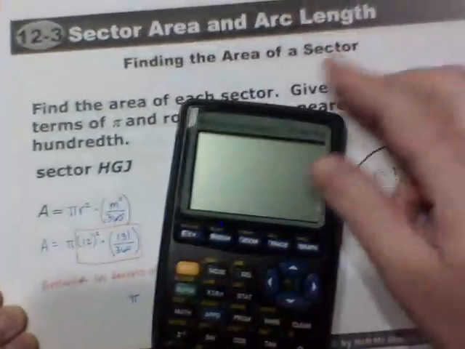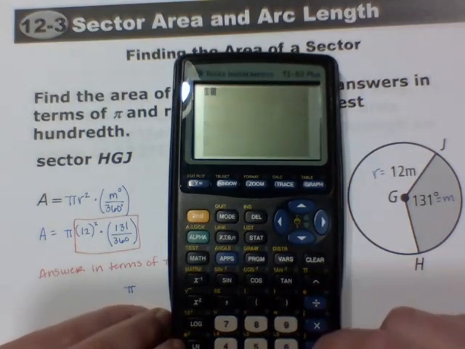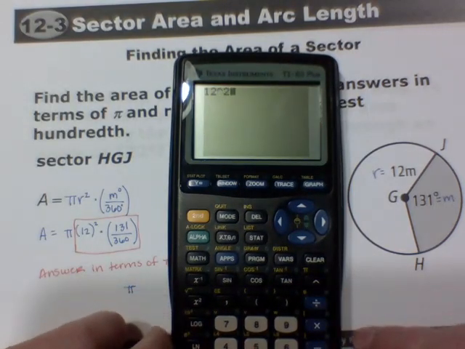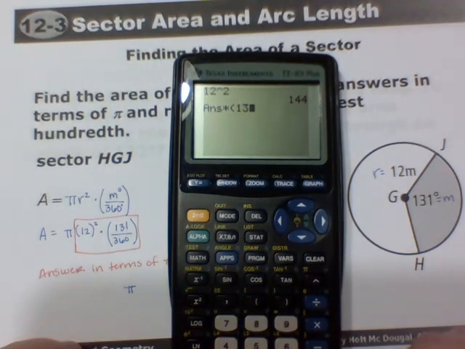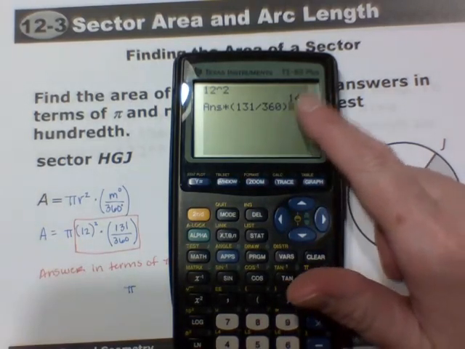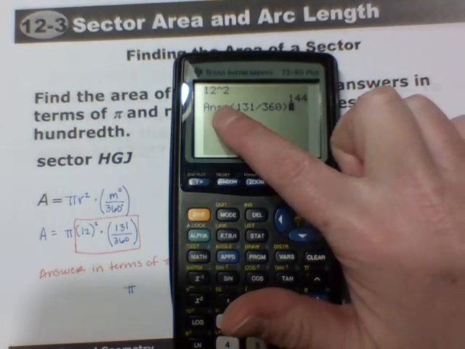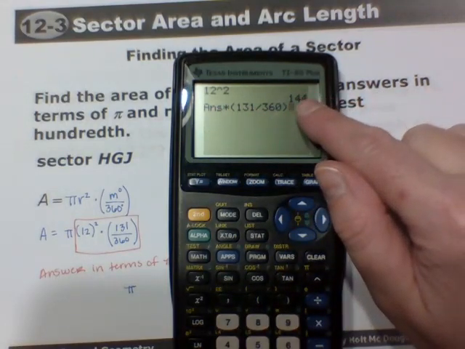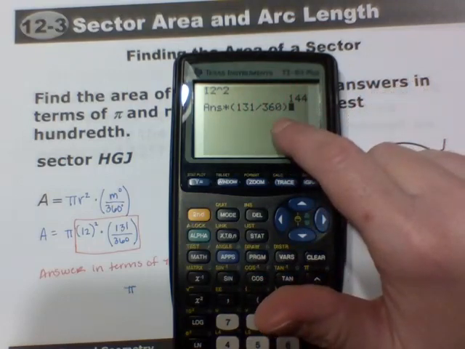So we need 12 squared, which is 144, and then we're going to multiply that by 131 over 360. Notice how I've typed it in here. I have 144, and then I decided to multiply that answer, which is 144, by, in parentheses, 131 over 360.